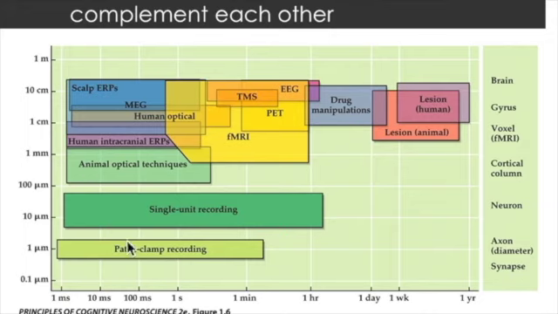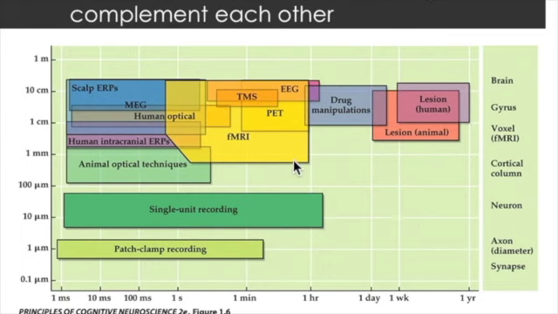Now, each of these areas here represents one method or technique through which you can understand the brain, right, from lesion studies to patch clamp recording to single cell recording, and so on. And so each of these occupies a certain space in your map of spatial temporal resolution.